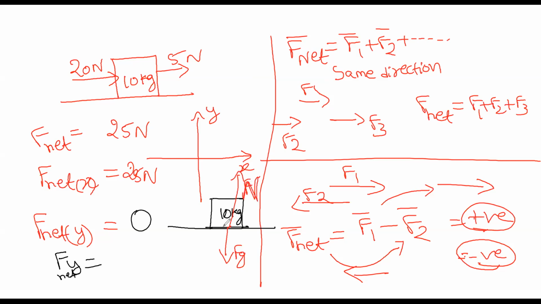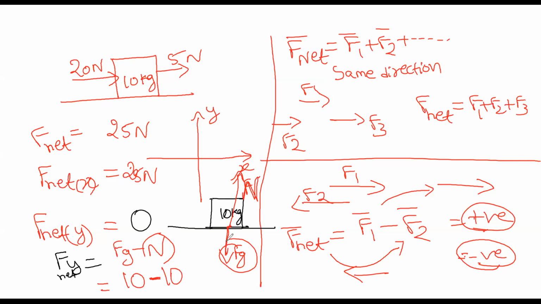They are opposite to each other, so Fg minus N. What is the gravitational force? It is the weight, minus the normal force. Here it is in equilibrium. The normal force is also not 25.